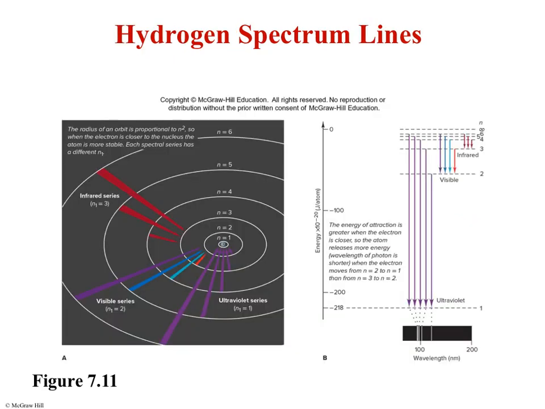This is another way of explaining these diffraction spectrum lines. And so as you can see, n equals 1, and you have different energy levels associated with when the excited state, they call it, relaxes back to the ground state. Ground state is like low energy.